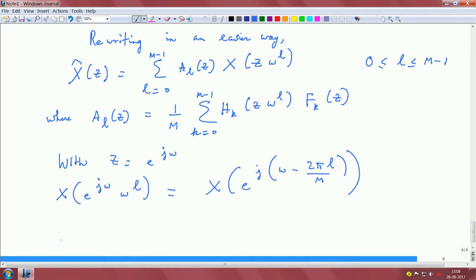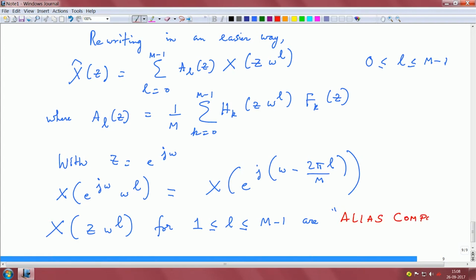Now, these components x of z omega power L for L equals 1 to m minus 1 are alias components.